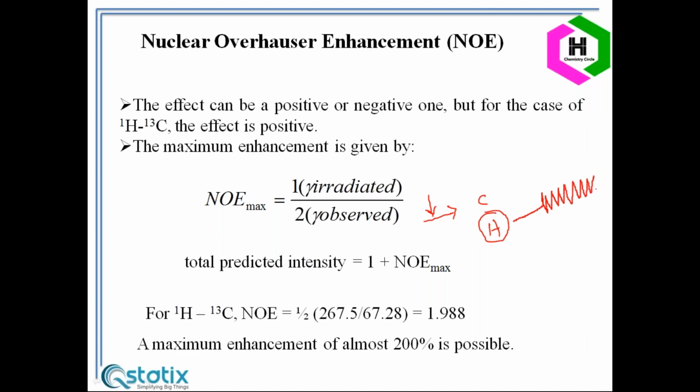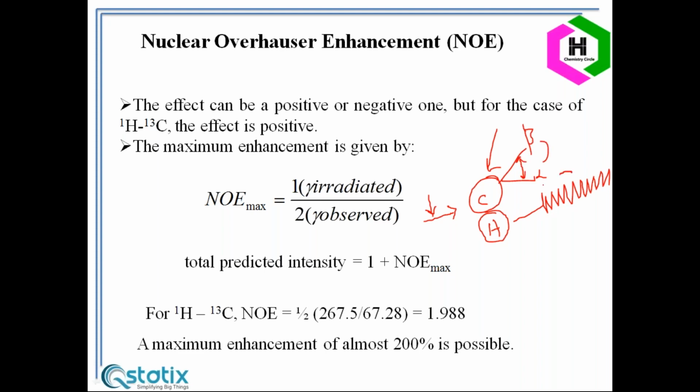That means they will go to a saturation state, and at that saturation state they will not have any effect on the signal. Then you give a second radio frequency to irradiate only the carbon. These carbons will be excited, you will see an alpha state and a beta state with a differentiation, and you will get a signal from here.